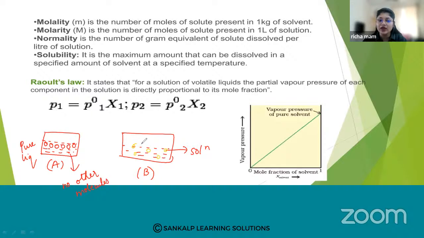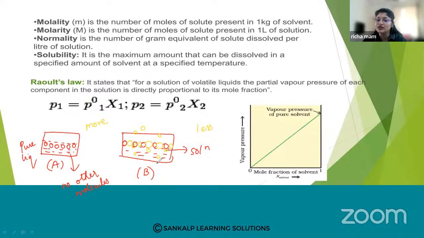Now in the solution, both solute and solvent are present, so at the surface both solute and solvent are present. When they form vapors, only the volatile liquid will form the vapors, and these vapors will be less in number as compared to the pure liquid, because the pure liquid is of one type.